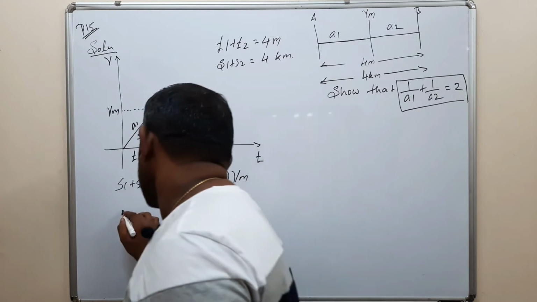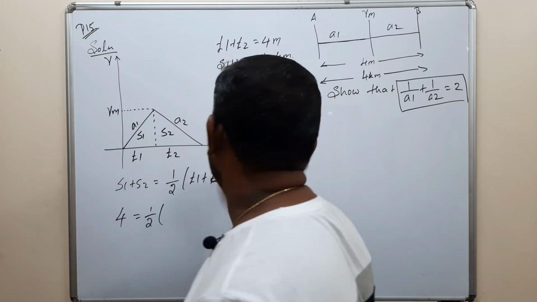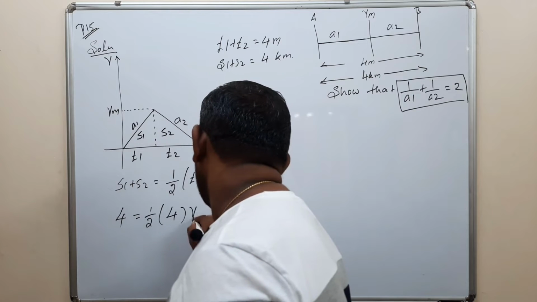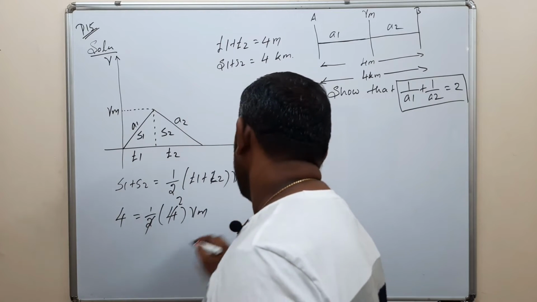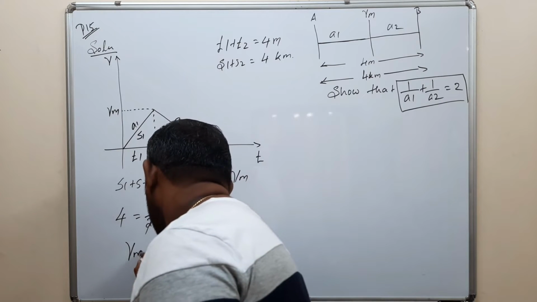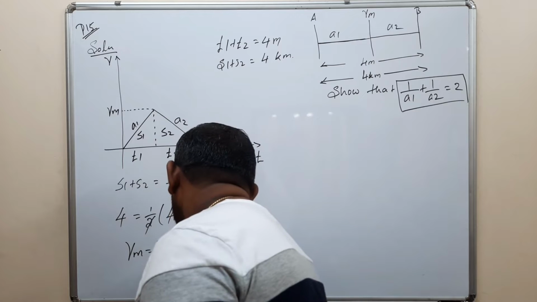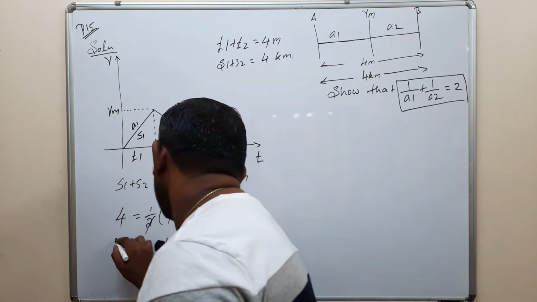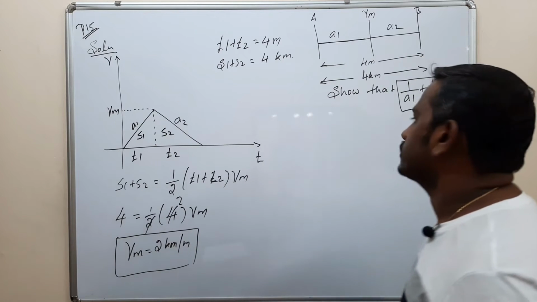So S1 plus S2, given as 4, is equal to 1 by 2 into T1 plus T2, which is also 4, into Vm. So 2 gets cancelled. Therefore Vm is equal to 2 kilometer per minute. So that is the maximum velocity.